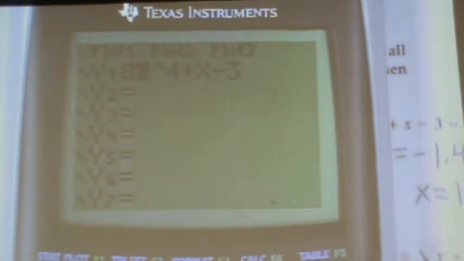Okay, number 11, how will you type that one in? Can you guys see it? Without the square root, you're gonna type in x to the 4th plus x cubed minus x minus 3. We're gonna finish with this one: x to the 4th plus x to the 3rd minus x, and then minus 3.